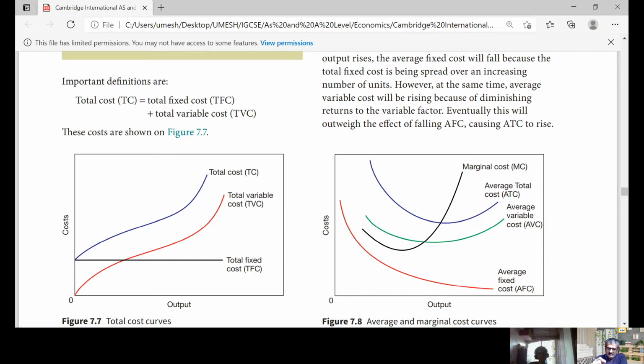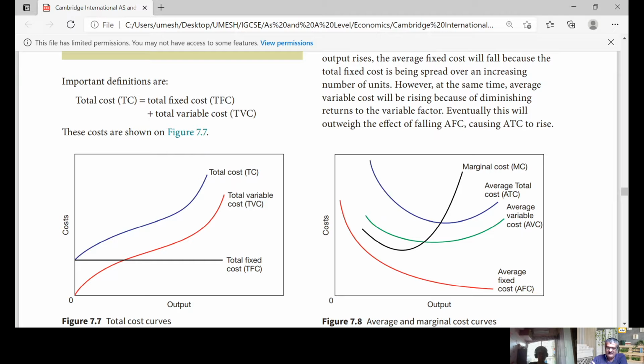Variable cost starts from the point zero. And you have noticed that total fixed cost, which is a black line, is parallel to x-axis, and total cost and total variable cost are also parallel to each other. The distance between the total cost and total variable cost at any production point is equal. Am I right?